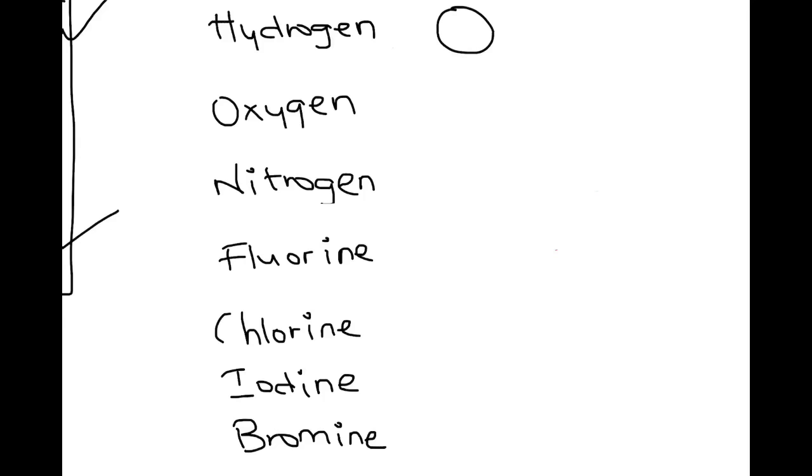And in the molecule, you're going to have an atom of hydrogen combined with another atom of hydrogen. So in this molecule, you have two atoms of hydrogen. So when you write the formula of hydrogen gas, for example, hydrogen gas will be H2.